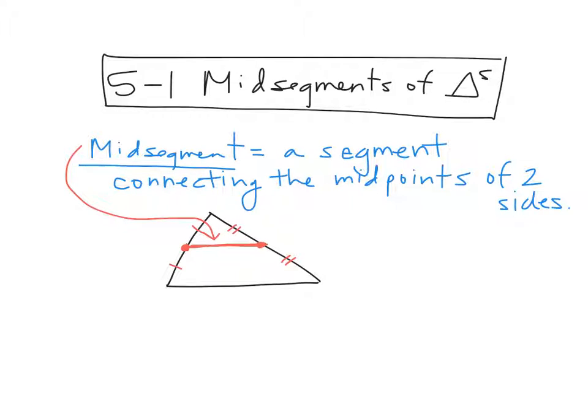There's a theorem that goes along with midsegments, and I'm curious if you have any guesses what that theorem might say. Is there anything you notice about that line? Something about halves, because it's in between the halves.